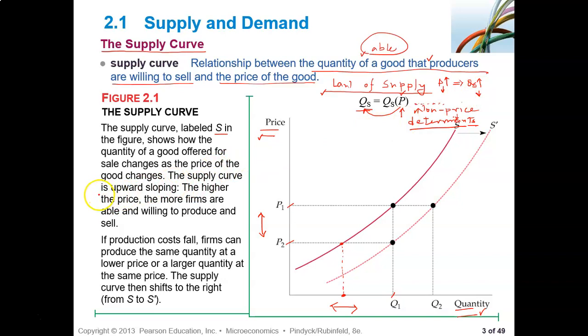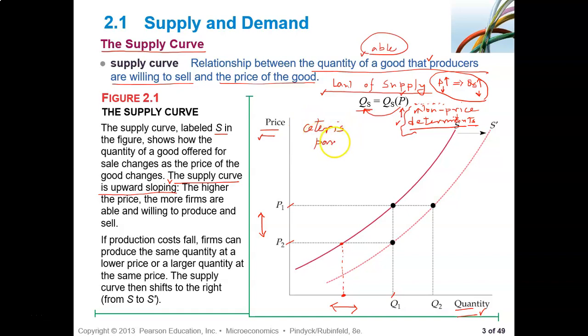The supply curve is upward sloping because there is a direct relationship between price and quantity supplied, when we assume that other factors like cost of production, number of producers, and technology remain unchanged. We call this ceteris paribus.